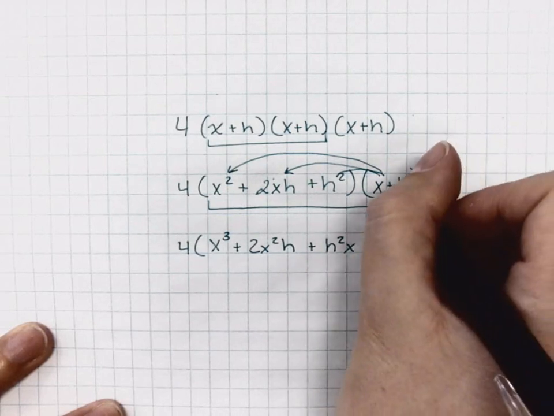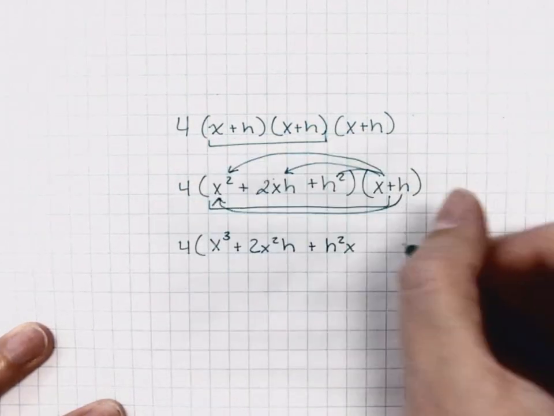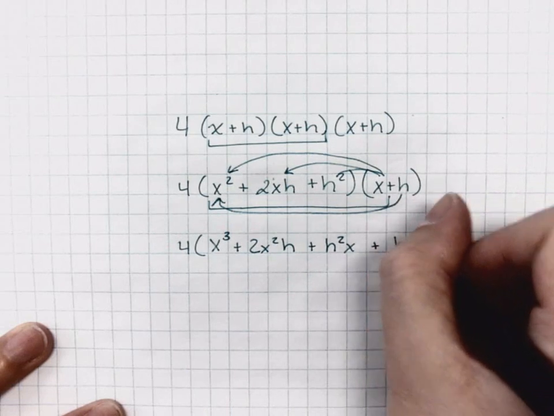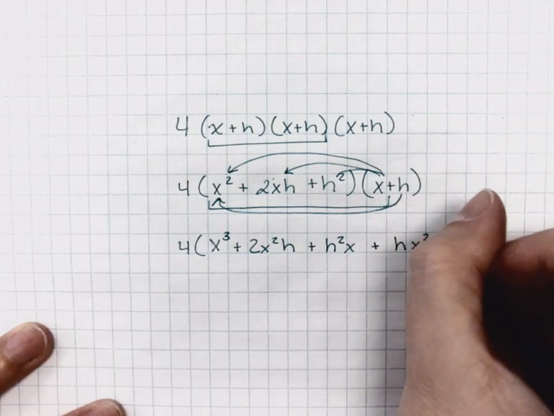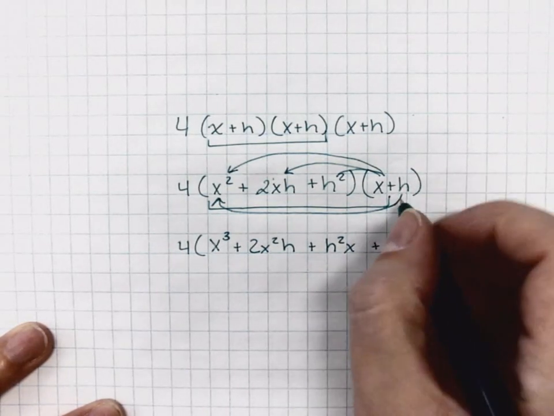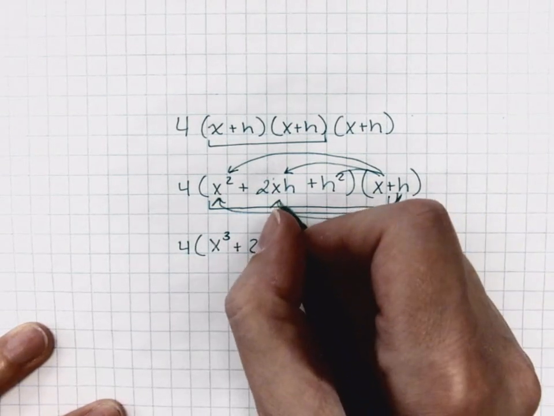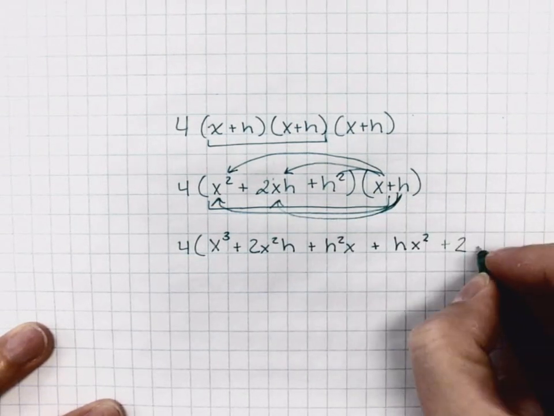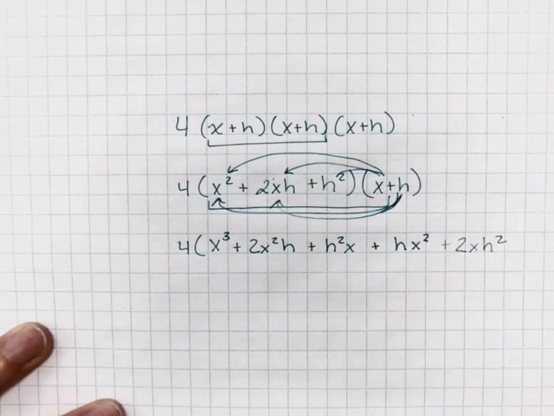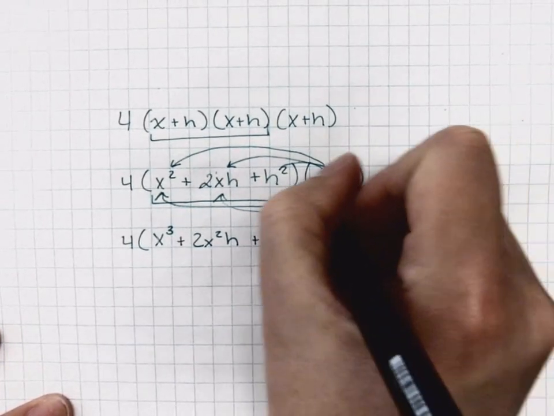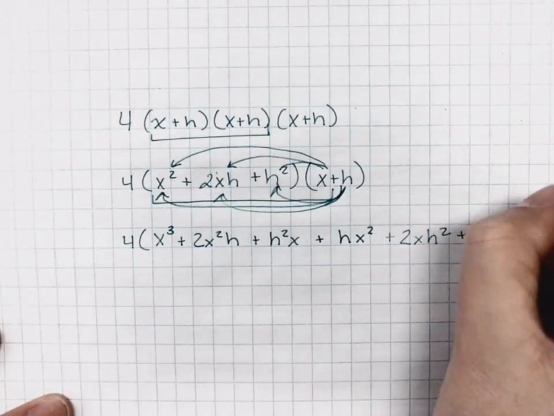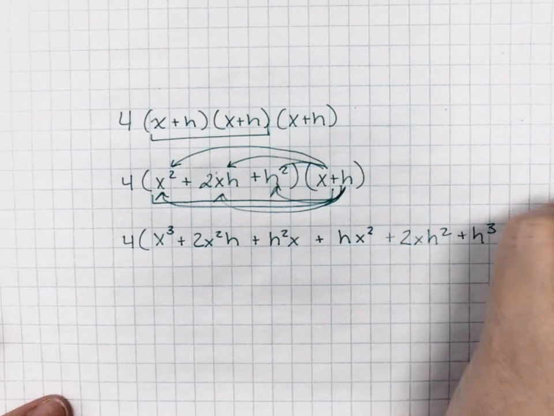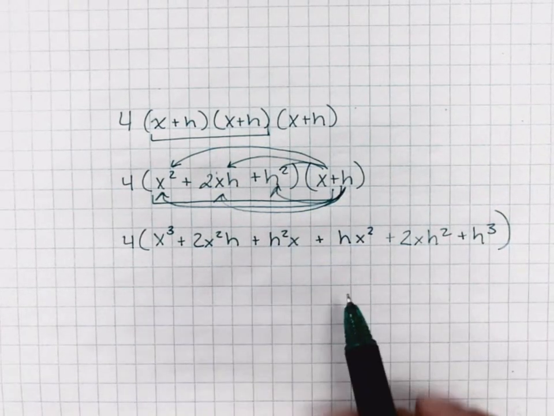And now I'm gonna do my h's. So I'm gonna have plus hx squared, and then plus 2x squared h, my pen's running out, and then plus h cubed. And I gotta times that all by 4, but I'm gonna combine any like terms I see here.